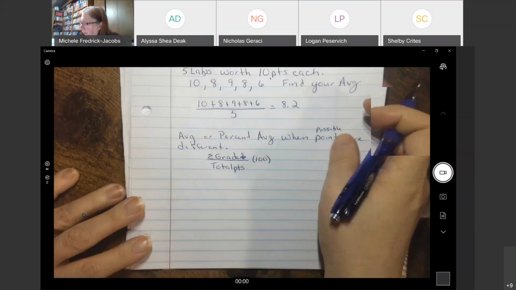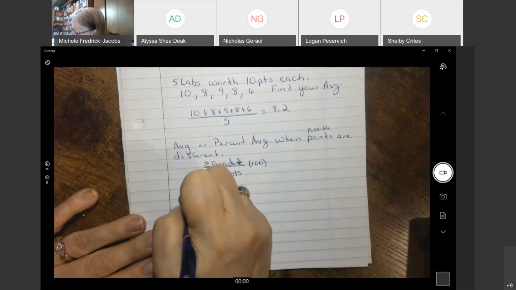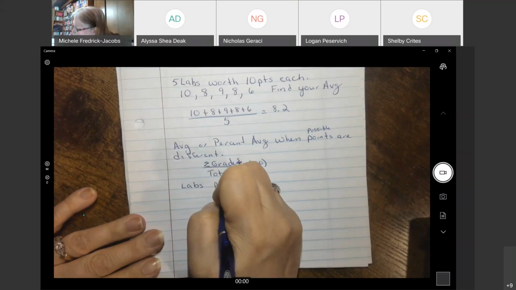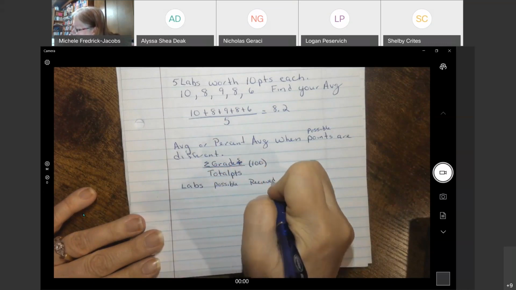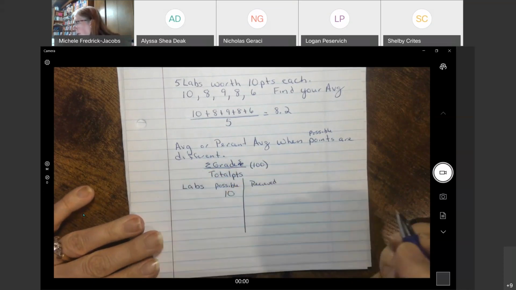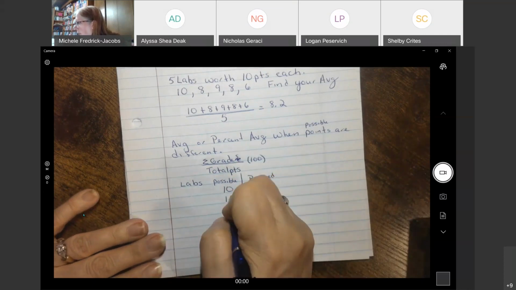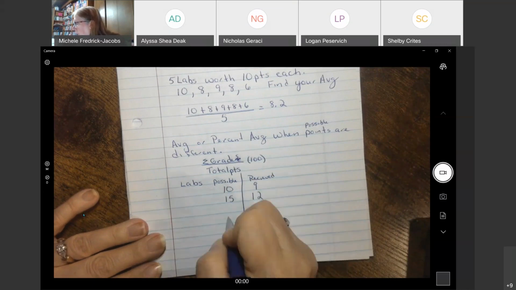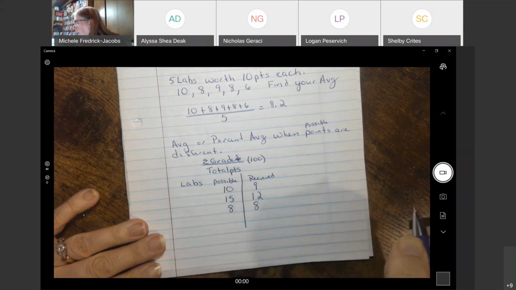So if we had a lab that was out of 10 and we got a 9, and then another one was out of 15 and we got 12, maybe one was out of 8 and we got 8, and let's do one more.